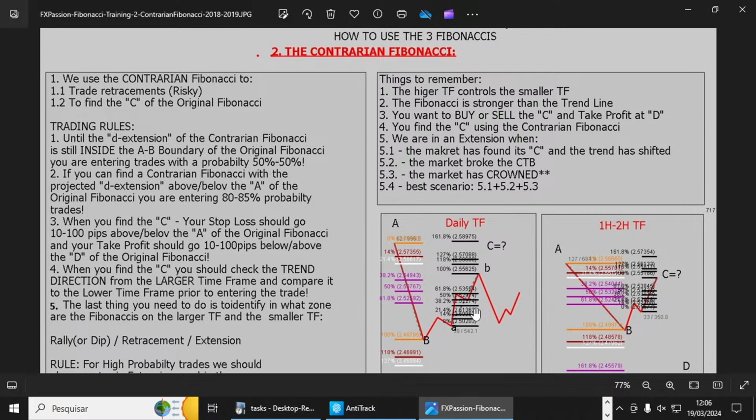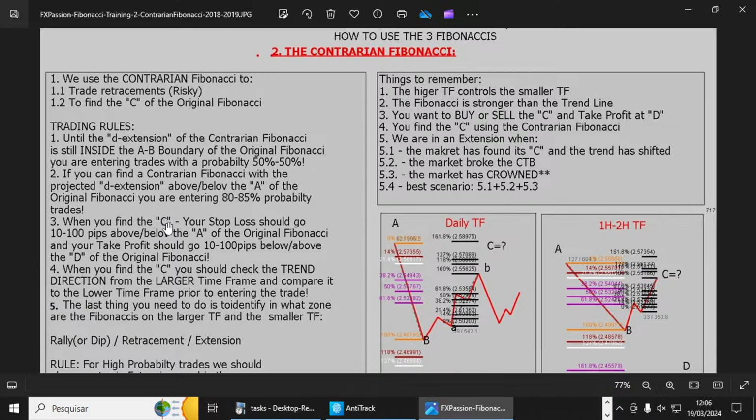If the sub-D extension is still inside the AB boundary, then you're entering 50-50 probability trades. If you can find the Contrarian Fibonacci with the projected D extension above or below the A, like here, where the black sub-D extension is above the capital A, then you're entering trades with a probability of 80-85%.